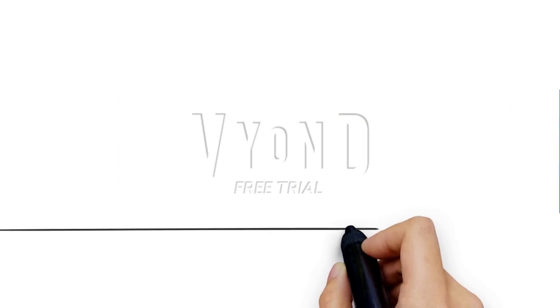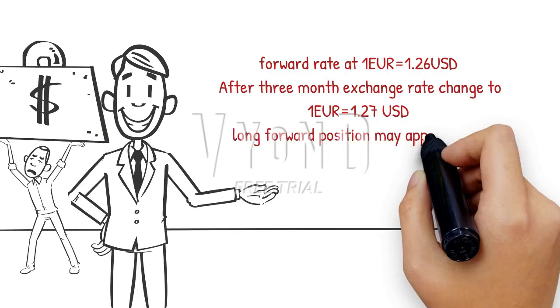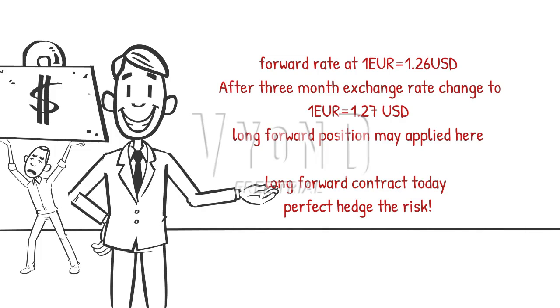What is the strategy? We assume the forward rate is 1 euro equal to 1.26 US dollars. After 3 months, the exchange rate changed to 1 euro equal to 1.27 US dollars. The forward long position could be applied here.